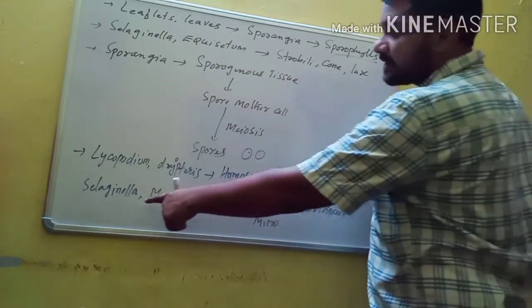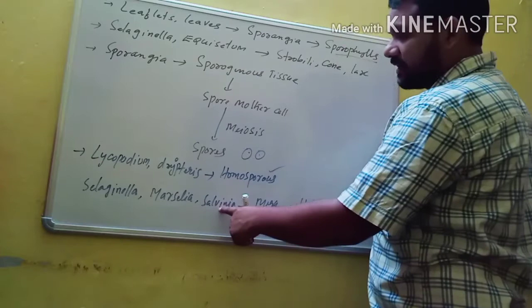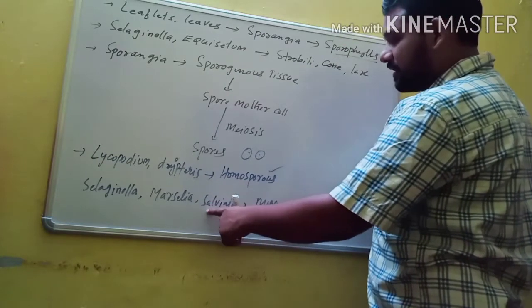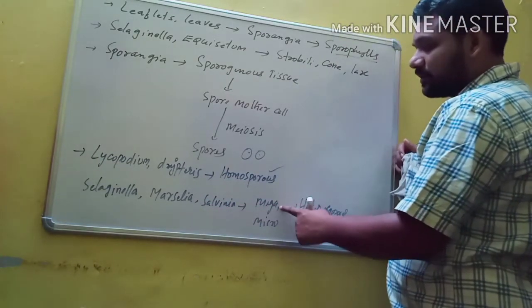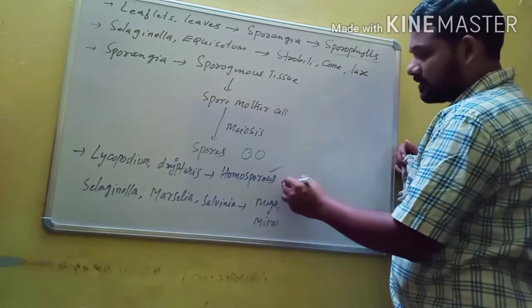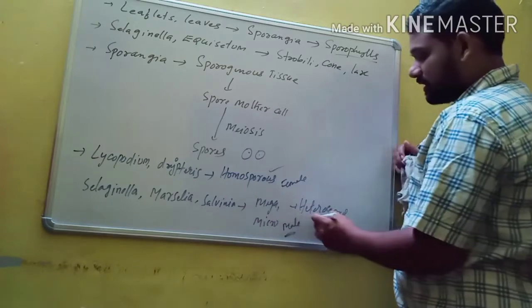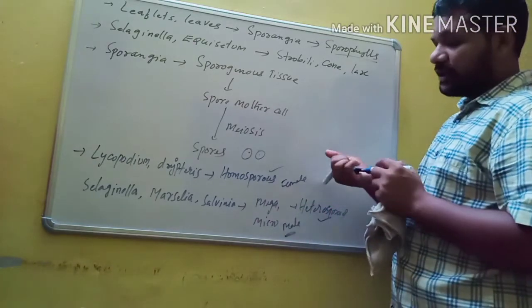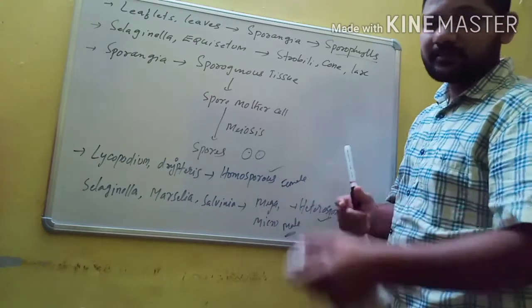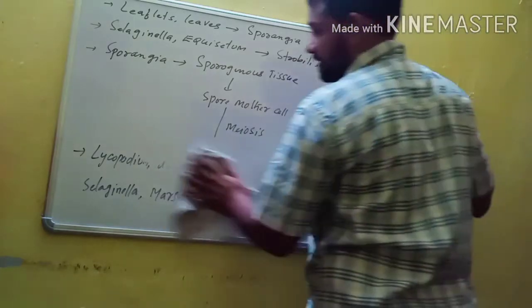But in some plants like Selaginella and Salvinia, the plants produce two different types of spores. Mega means female spore and micro means male spore. Such plants are known as heterosporous. So heterospory is also present in some members of pteridophytes.